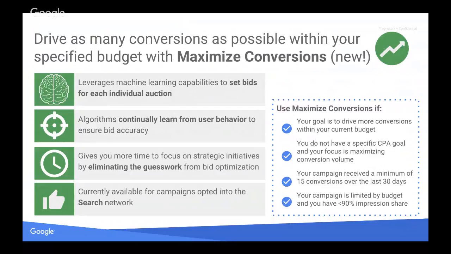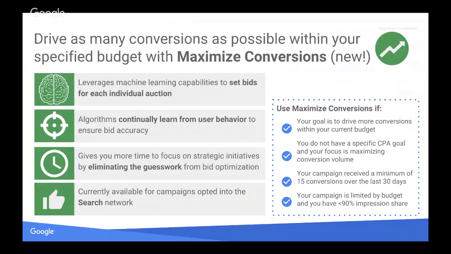You've probably already spent 80%, 90% of your budget, and you still have 10 to 20% budget that you want to spend, but you also want to make sure you are maximizing the budget to get the optimal conversion volume. Under such circumstances, we recommend you use maximize conversions, because this is very helpful for bidding when you are facing the budget limit.